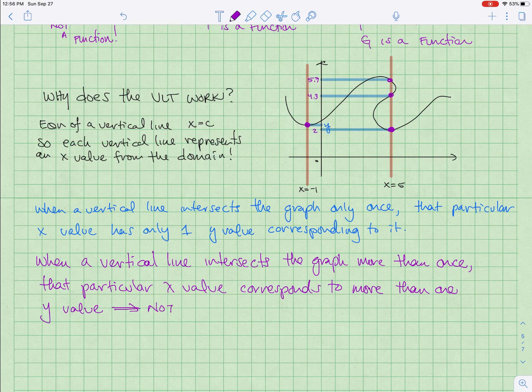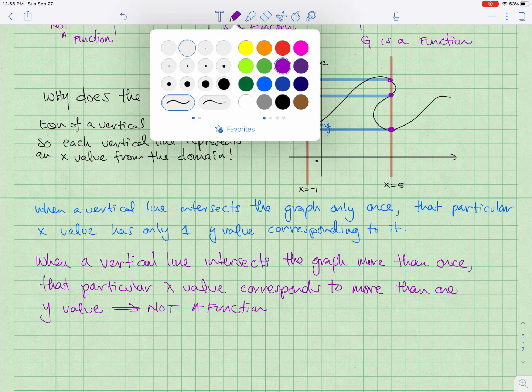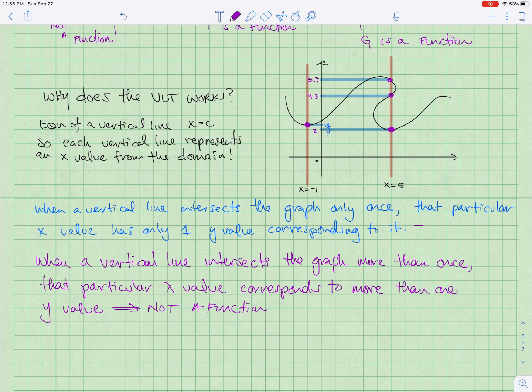Thus, it's not a function. Whereas up here we have a function. And that's the long and short of it, folks.